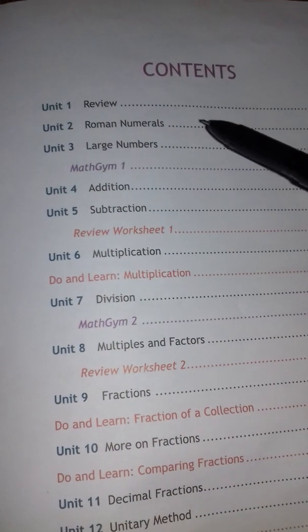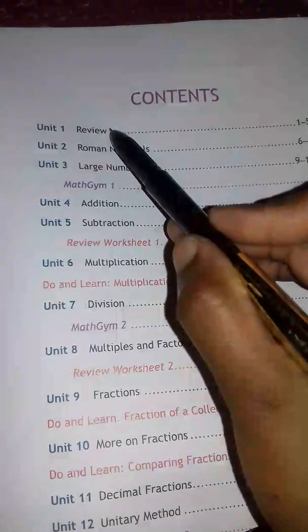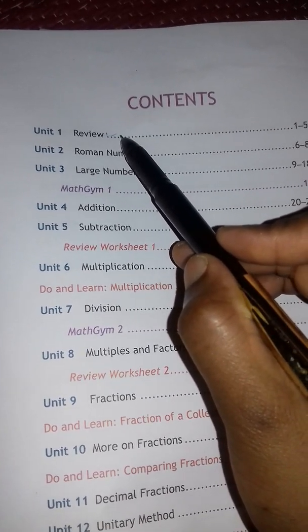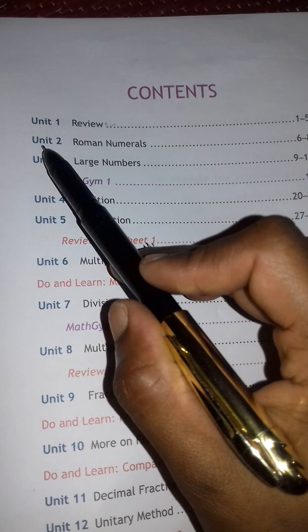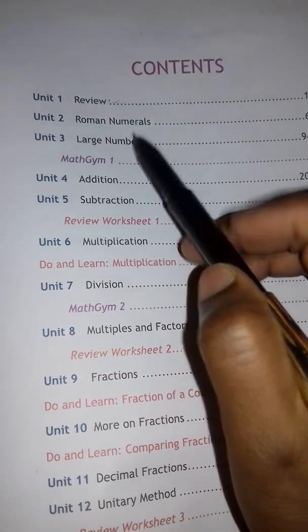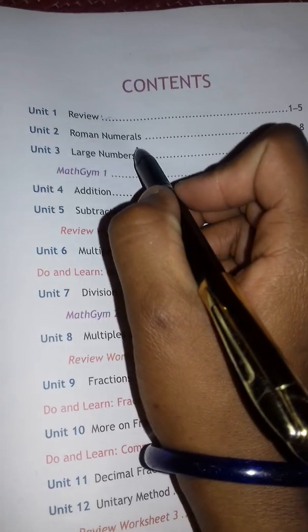Now see, students, this is your content page, and here we were just doing review. So in this we have almost revised the basic things, and after it unit 2 is given, Roman numerals. So in my next video we will learn about Roman numerals.